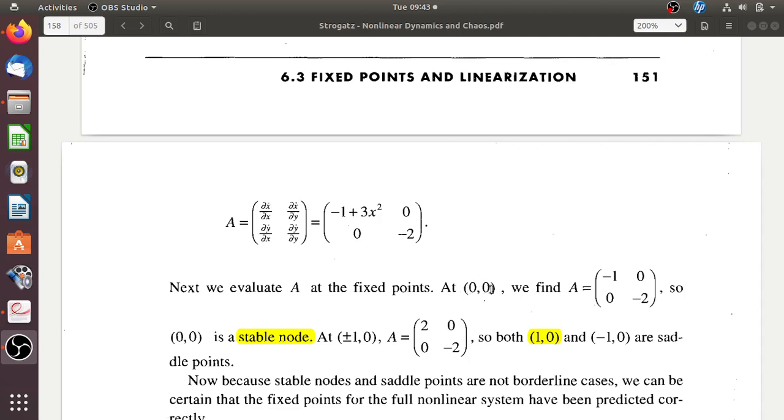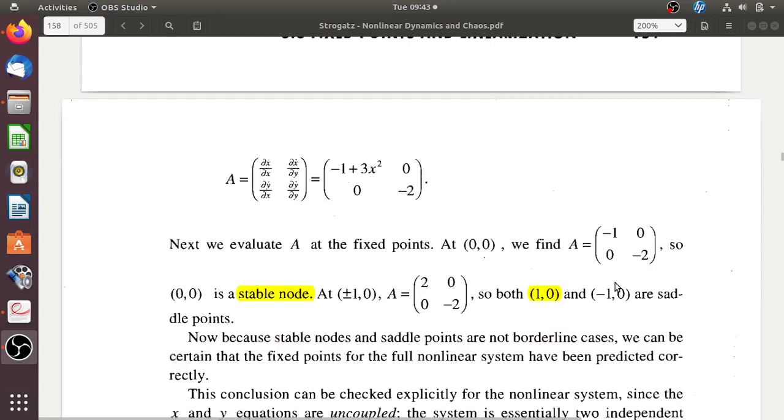All I have to do is, in the place of x, substitute the x of this fixed point, which is 0, and that will provide us the A matrix, which is this. For this A matrix, what is the trace and determinant?